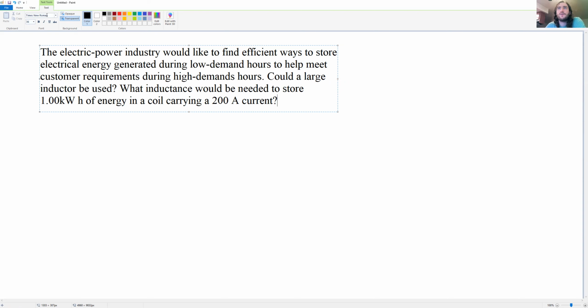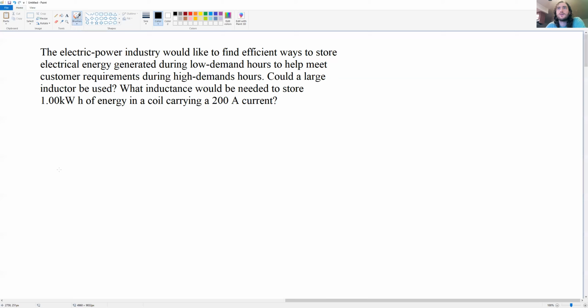So first things first, we're talking about energy, right? So let's remind ourselves that the energy stored in an inductor, as we just saw, is 1/2 Li squared. Then we probably also need to remember what's meant by 1 kilowatt hour of energy. So 1 kilowatt hour, that's kilowatt is 1,000 watts, right?